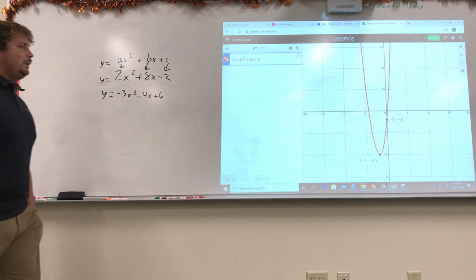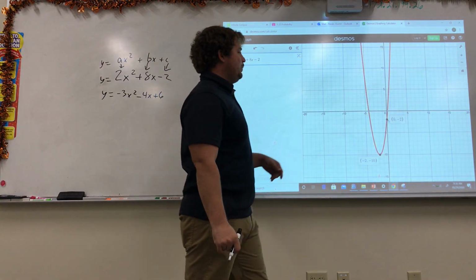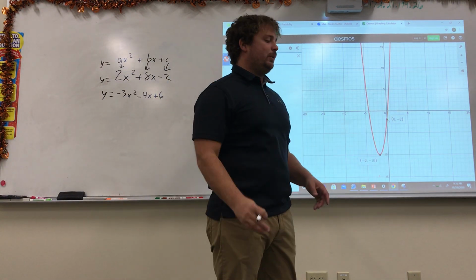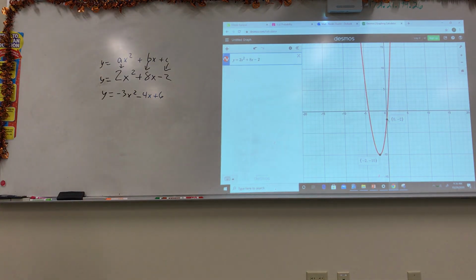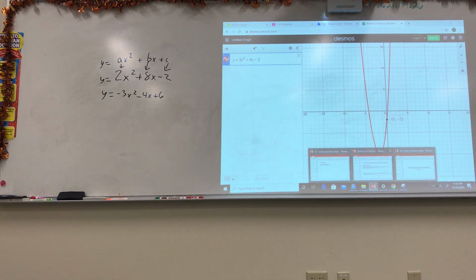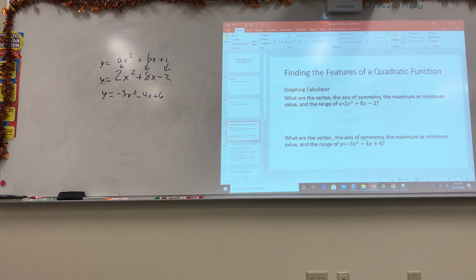Our c value is where our y-intercept is going to be, and I'm mentioning that now because I think it is important. The real questions asked in this one were: find the vertex, the axis of symmetry, the max or min value, and the range.